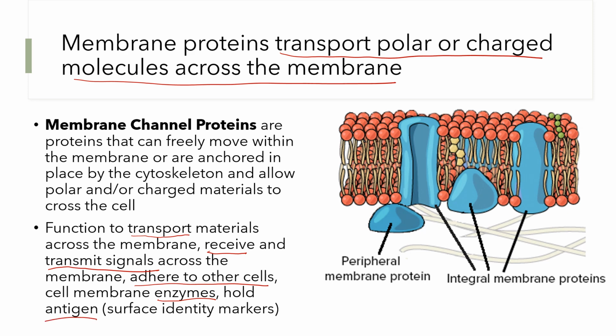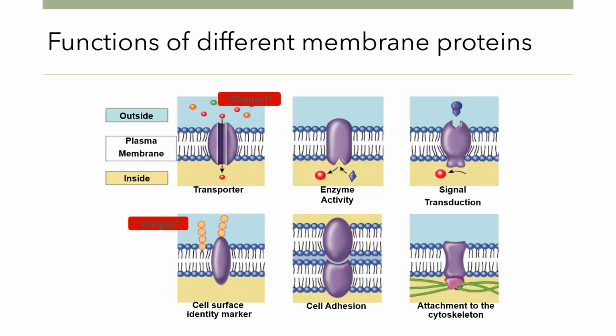They can hold antigens, those identity name tag markers that go on every single cell. So our membrane proteins have many, many different jobs. So you can see here a bunch of those different job examples, like the transporter, an enzyme. We'll talk about signal transduction a little bit later.